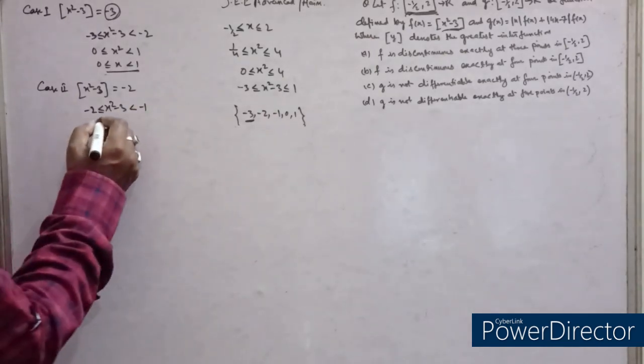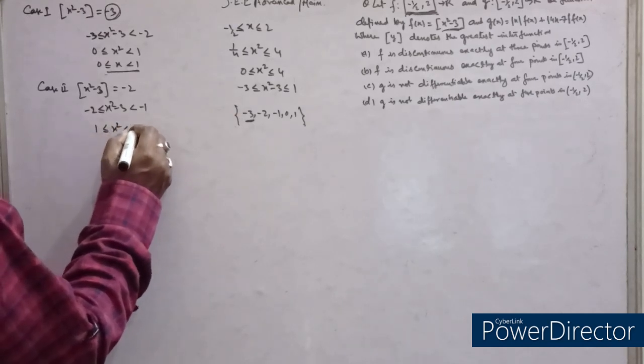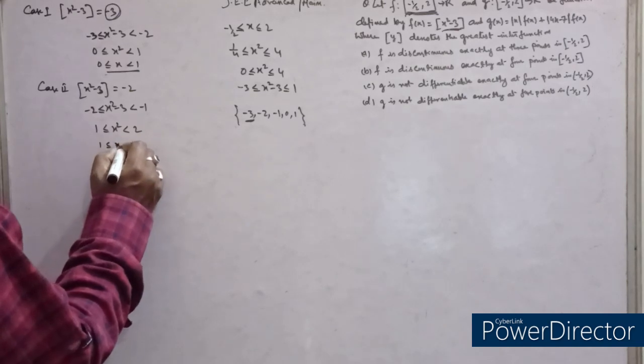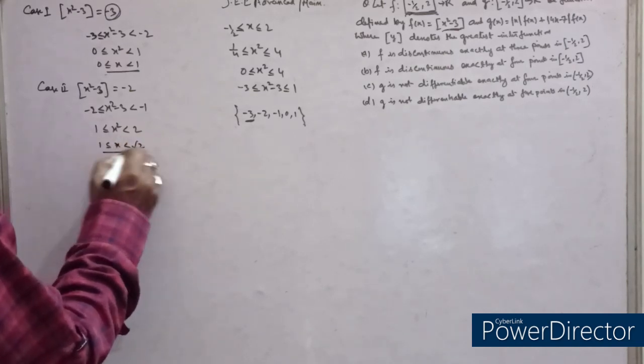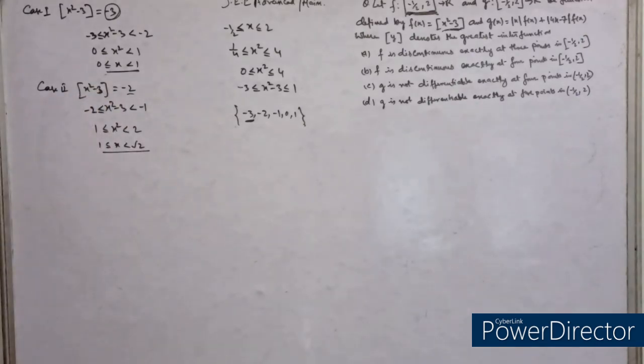Adding 3 to both sides, 1 less than or equal to x² less than 2, so 1 less than or equal to x less than root 2. In this interval, your greatest integer function value will be minus 2.